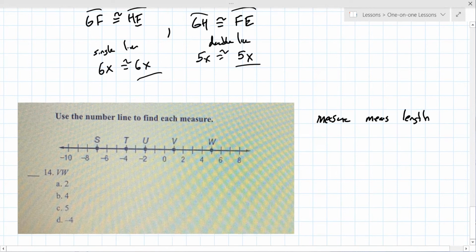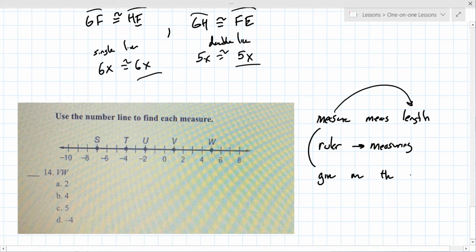When you have a ruler, you are measuring, and you have to remember that really means to give me a value. This almost always means give me the number.